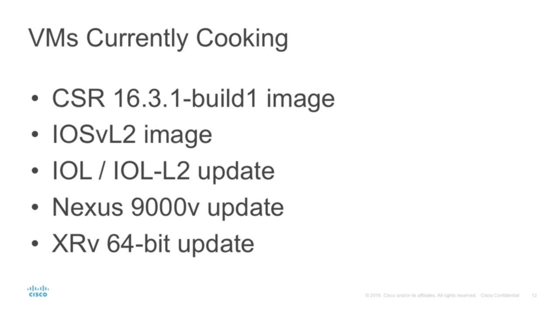The newer versions of IOS XR 9KV that we'll be getting early next year should permit us to move over to better, newer versions of KVM and make it easier for us to move into Ubuntu 16.04. The older IOS XRV images we believe will still run there. Just again, for longer runs, we expect the XR 9KV would be more stable. I think that's all the updates for the images for now.